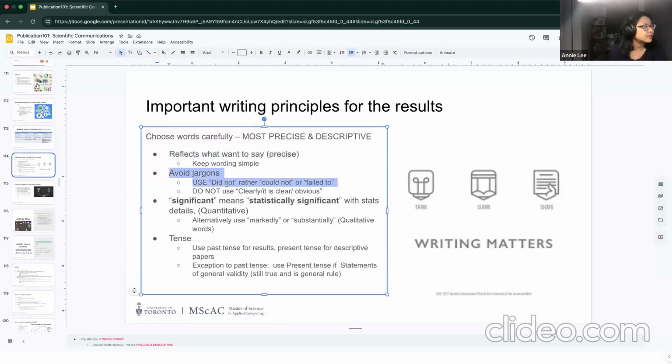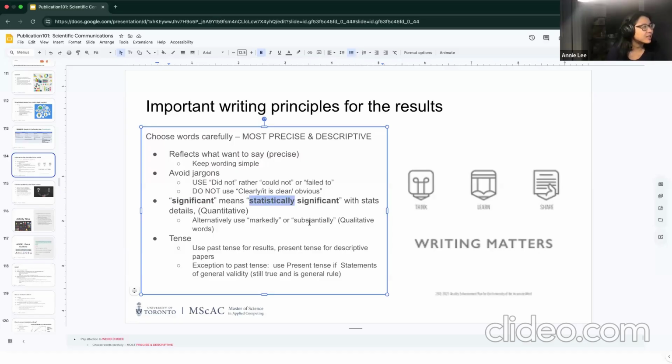Avoid jargon, right? So use did not, could not, fail to. Avoid hedging words like clearly, obviously, maybe, or a lot. Significant means statistically significant in quantitative work. I had a collaborator who likes to use significant without showing that it's statistical, so I had to fix all of that.